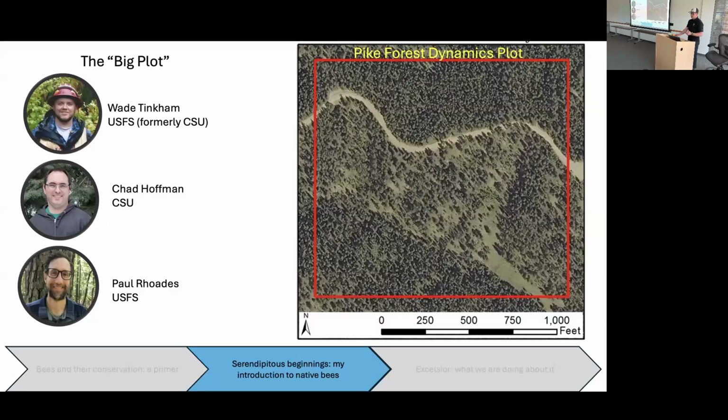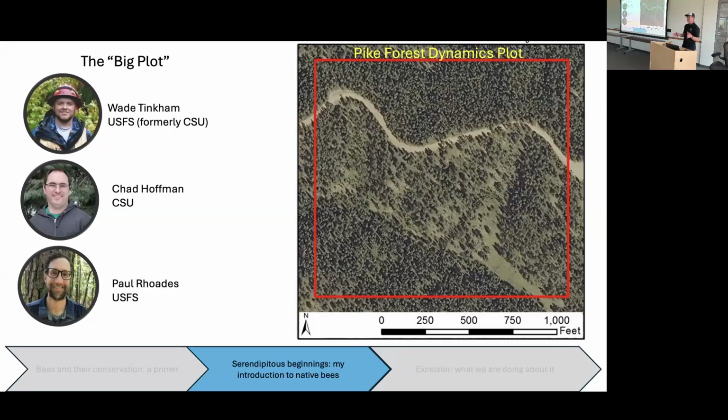That launched this whole thing where we set up about 35 different sampling areas on this big plot, over a relatively small land area as far as the study of native bees is concerned. But it was fortuitous because at each of these locations, there was really complete information about the structure of the stand, the fuels on the ground, the floral species present, the openness of the canopy, and so on.